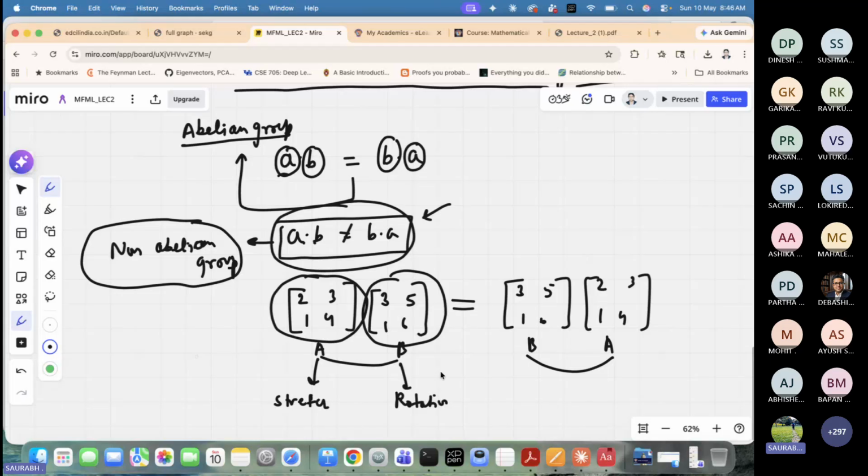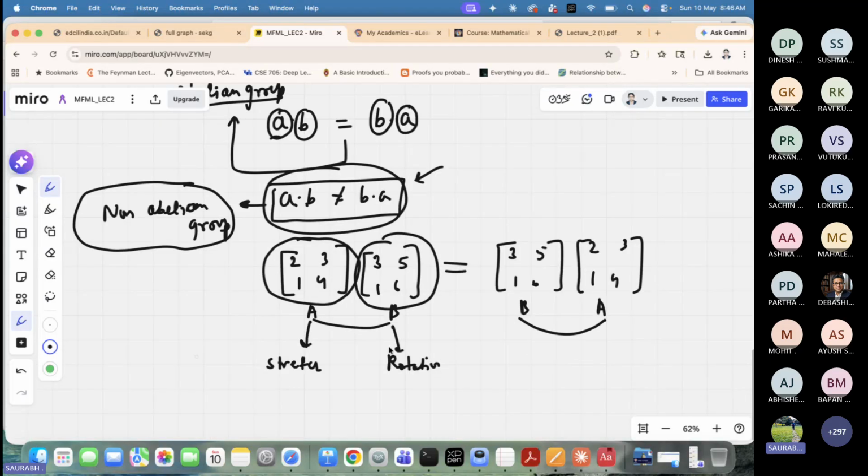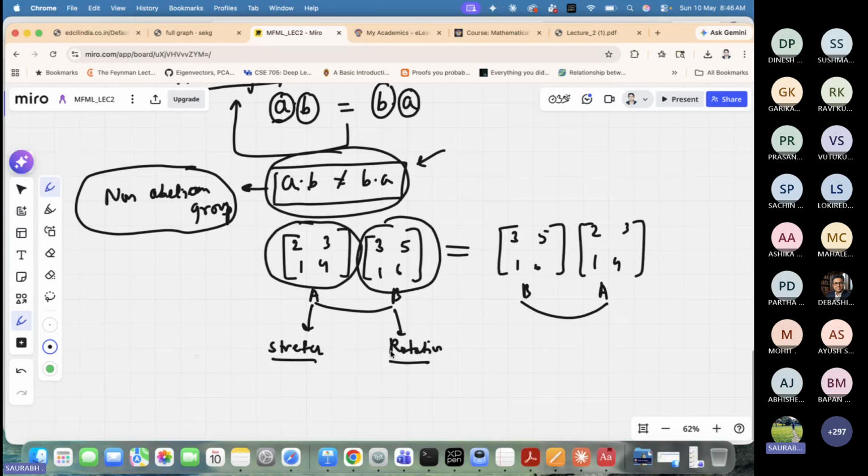So what you're saying is we first stretch and then rotate. Is that going to be equivalent to first rotate and then stretch? It's not going to be equal.